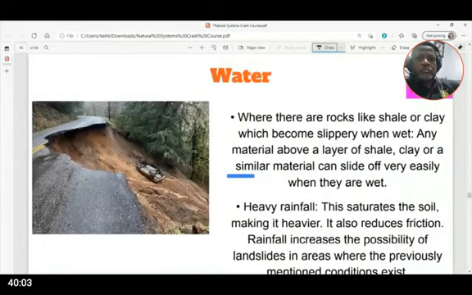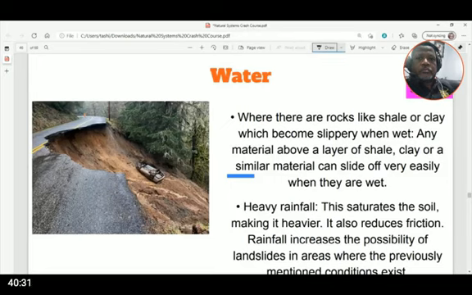Then we have water. Water acts as a lubricant. It makes things easier to flow. So when we have rocks like shale or clay, which become very, very slippery when they are wet, any material above a layer of shale or clay is just going to slide off when it becomes wet.